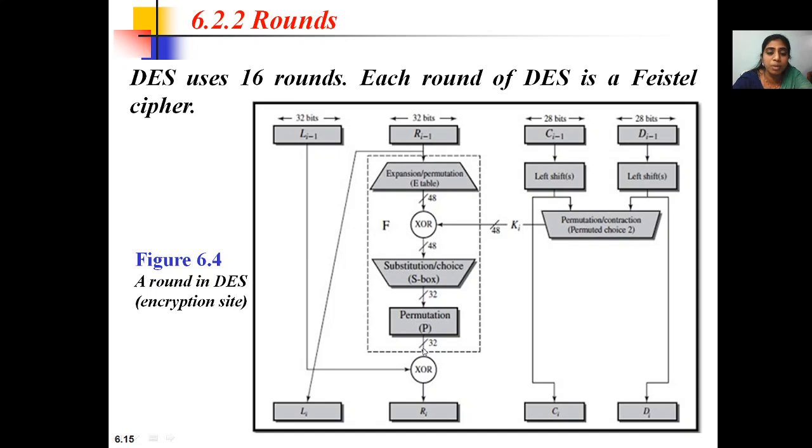From the output of the permutation, we XOR directly with the left 32 bits, and we take it as the right bits for the next round. And similarly here also, once the left circular shift is finished, we take those bits directly as the left side for the next key. For the right side too, once the left shift is finished, we directly take the next bits for the key.